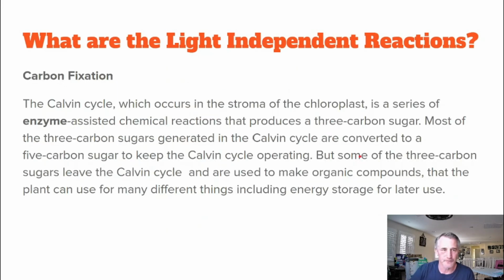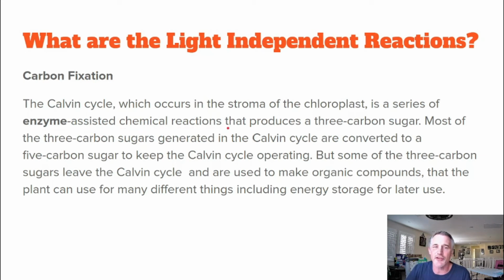All right. So this process in which we're adding carbons to these 3-carbon sugars to make a 6-carbon sugar eventually called glucose is called carbon fixation. So the Calvin cycle, which occurs in the stroma of the chloroplast, is a series of enzyme-assisted reactions, and you don't have to know all these enzymes. This is that part that I said you used to have to remember, but now we don't need to. It's basically enzyme-assisted chemical reactions that produce a 3-carbon sugar.